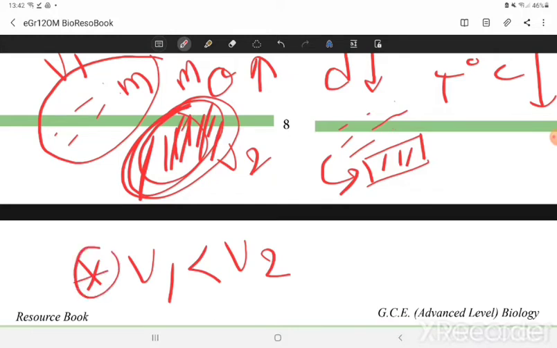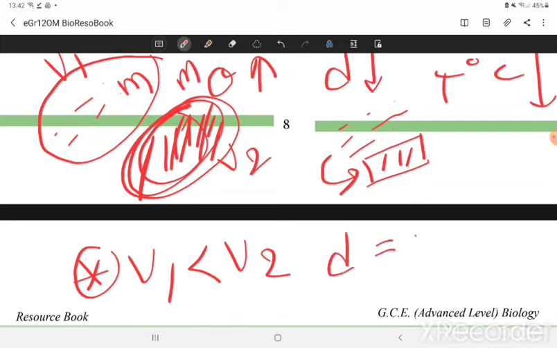Now you know when a mass m of water in liquid form is converted into a mass m of ice, what happens? The volume increases, which means the density of water has to decrease because the mass is constant. Now you know I'm using physics here. It's interesting.